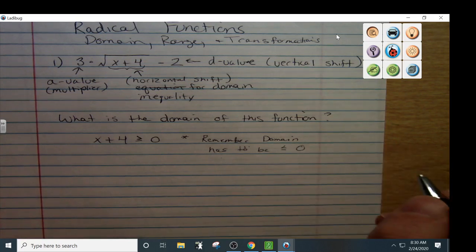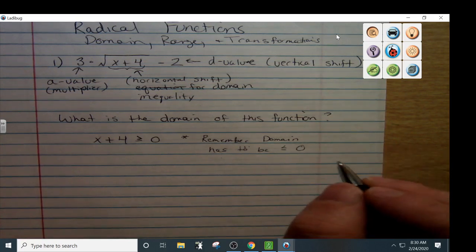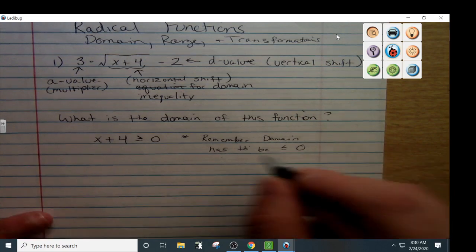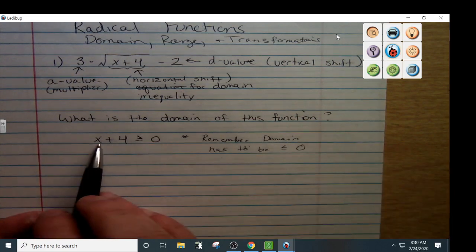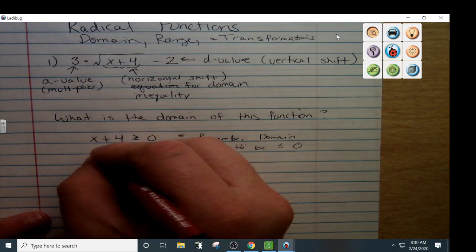So remember, the domain's got to be greater than or equal to zero. So you're going to set this right here. Now, we're going to subtract four.